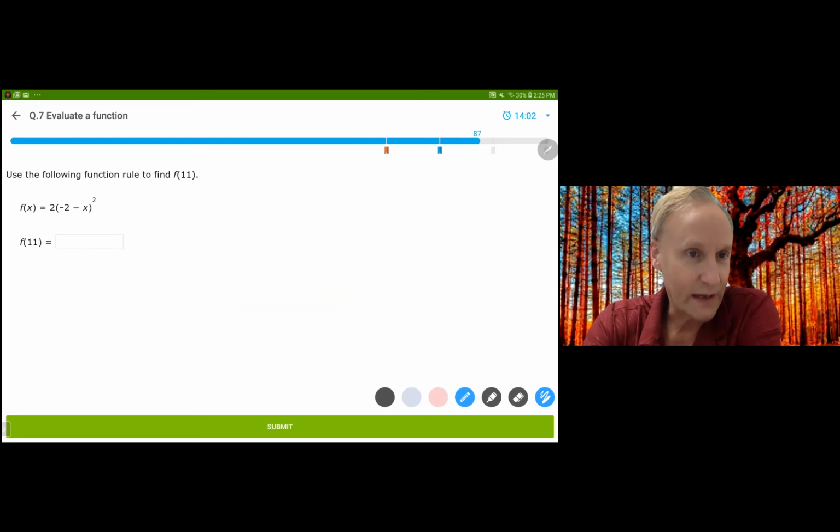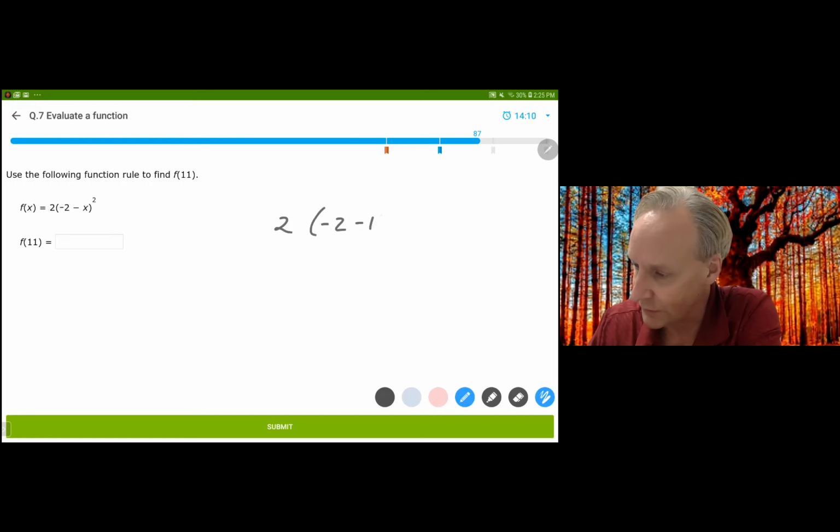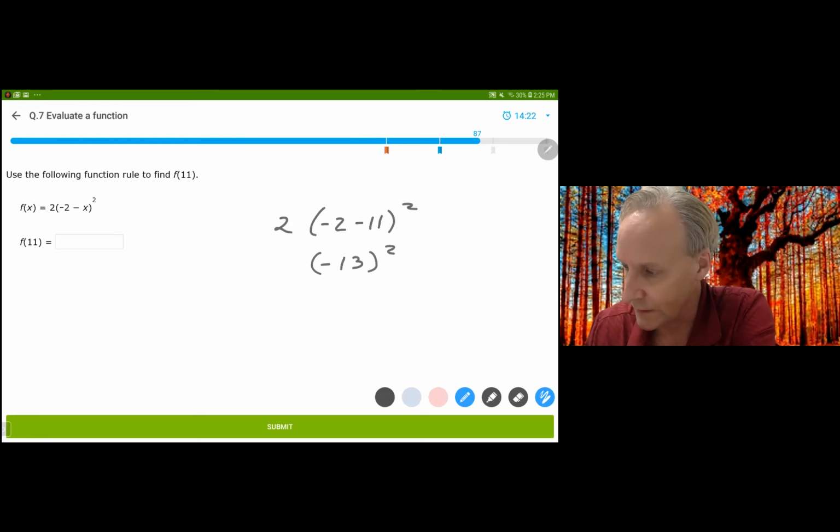I'm going to write this one out, even though the answer is 288. But we have 2 times negative 2 minus 11. Oh, no, I did it wrong. It's negative 13 squared, and that is 169 times 2, which is going to be 338.